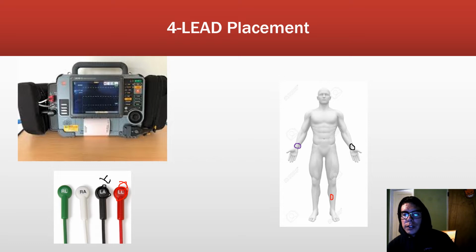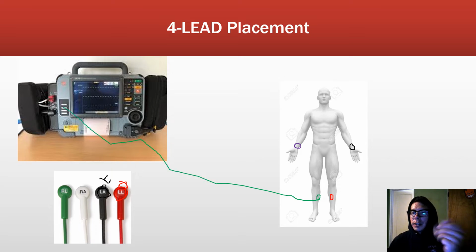Our green one would go there. And then you'd of course have the wires coming off of them and attached to that. So that's how we place them. These are called limb leads, if I didn't already say that. The ones for a 12 lead are called precordial leads, and those go on the left side of your chest in specific areas. But these ones are called limb leads.